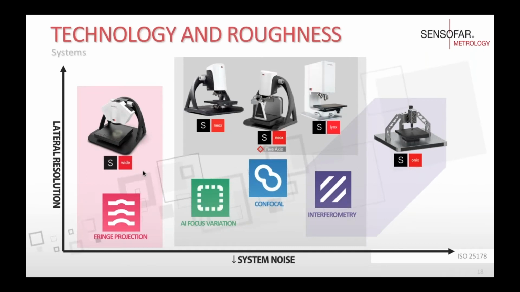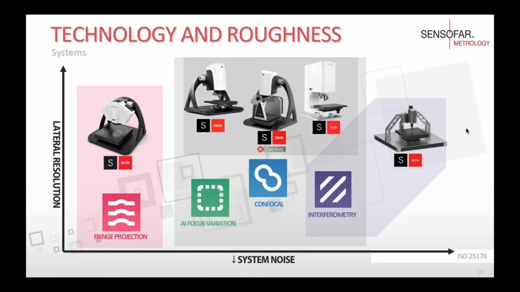So here is a schematic showing the different technologies that we have at Sensofar. If we start on the right, we have interferometry, which is going to be a really good choice if we have sub-nanometer and nanometer features on the surface.